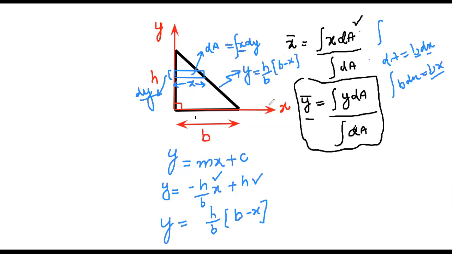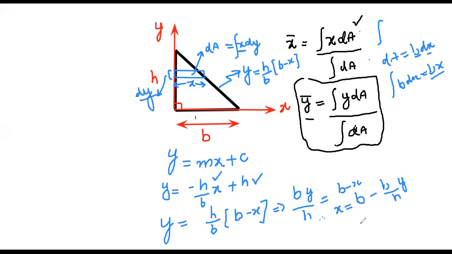Now from this equation, we can also obtain, if we multiply this, y divided by h becomes equal to b minus x. Therefore x becomes equal to b minus b by h into y.